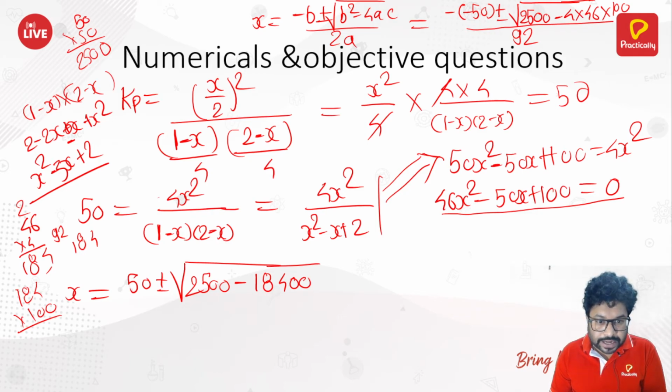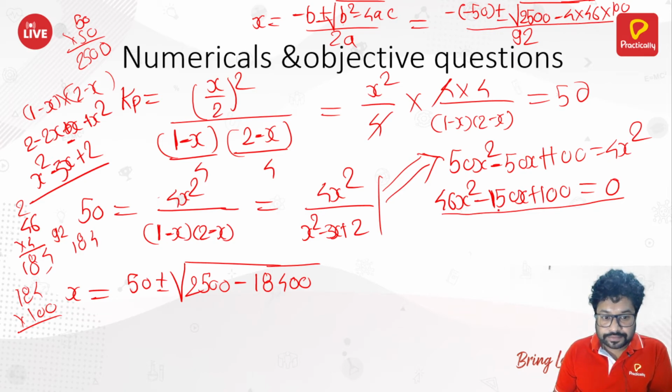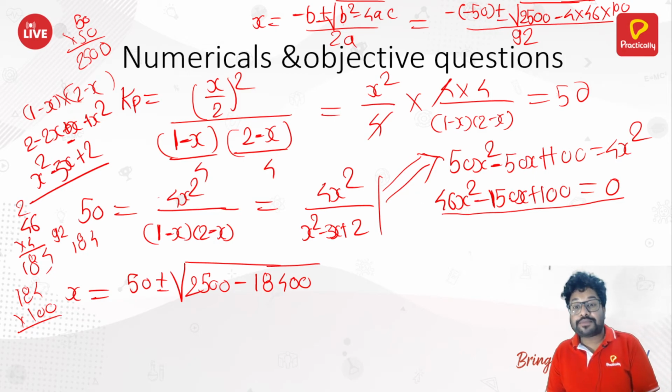That means when 50 multiplies this, it becomes 150x. Sorry, my bad. So this is ultimately equal to 46 x square minus 150x plus 100.